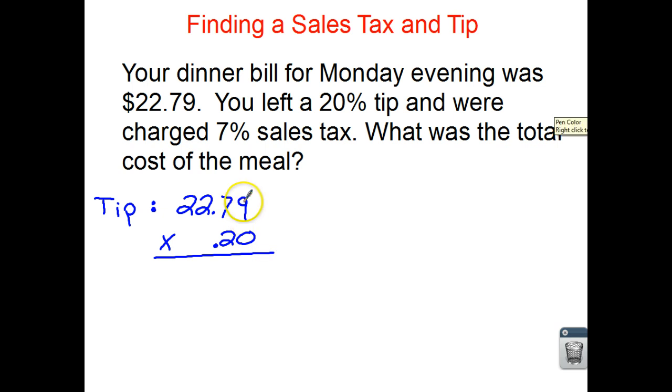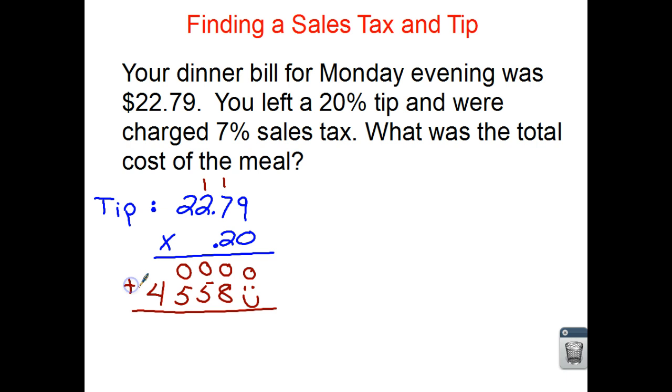And here we go. Nice little placeholder. All right, so 18, carry the 1. 14 plus 1 is 15, carry the 1. This is 2 times 2 is 4, plus 1 is 5, and then 2 times 2 is 4. Let's add this line up again.